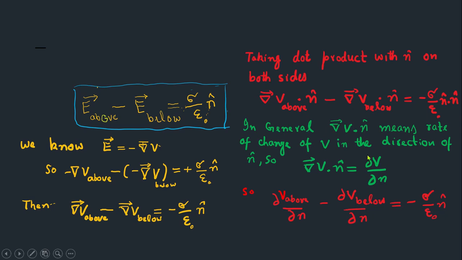So we can replace this term with curly V above over curly n minus, similarly we can replace this term with curly V below over curly n, is equal to minus sigma over epsilon naught. So this is the equation of the boundary condition for the gradient of V.